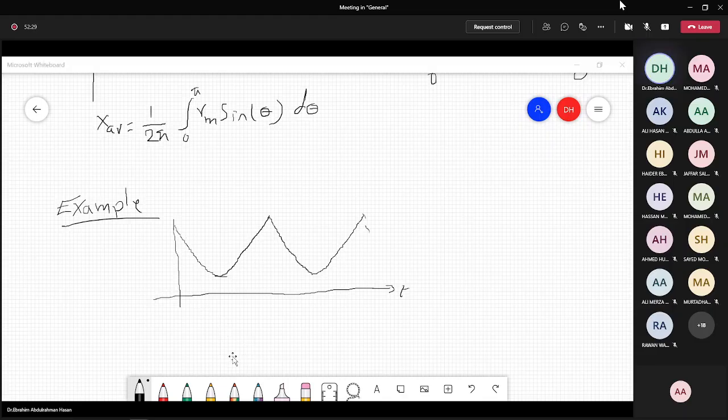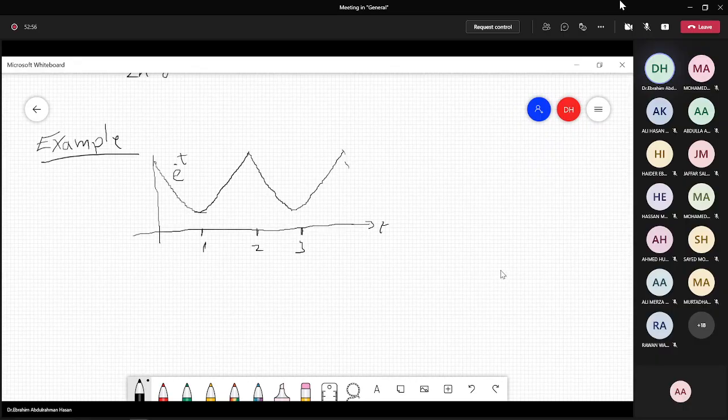This is 1, 2, 3, and this is equal to e to the power of minus t. I want to find x average here. So x average, it is not piecewise linear, so then in general we have to use 1 over T.